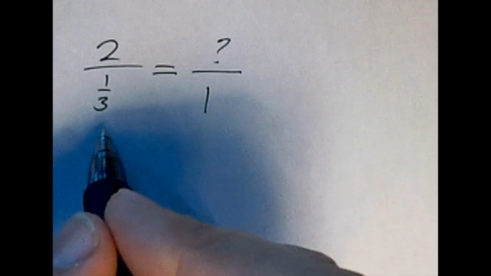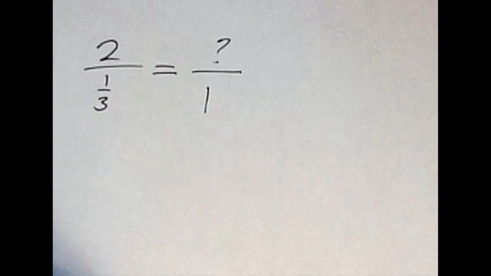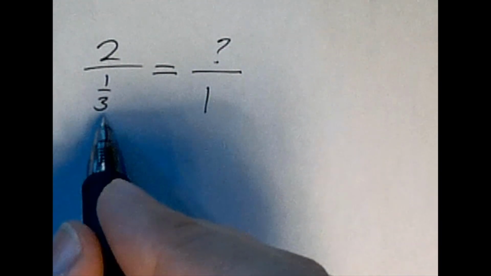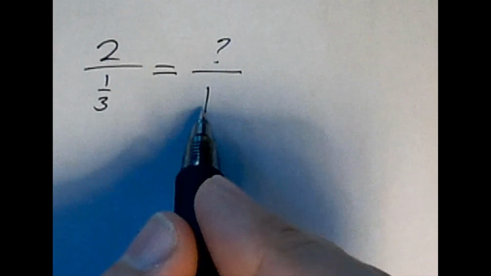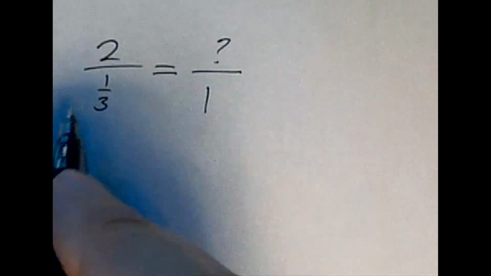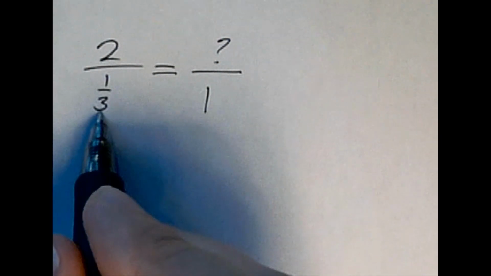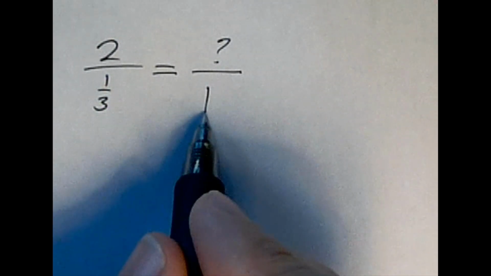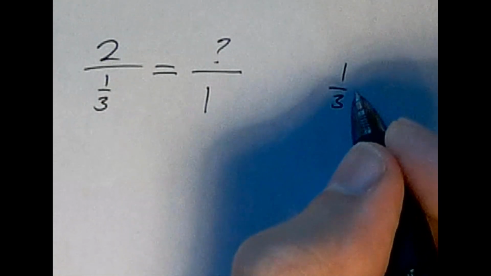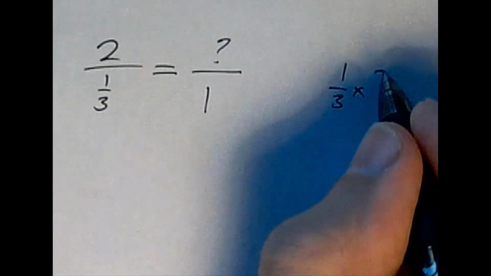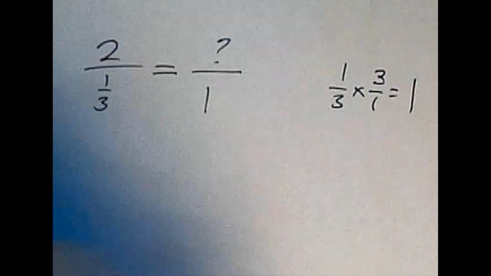And we can do that by finding equivalent ratios. And okay, we say 1/3 times what gets us to 1. So we're looking for common denominators. And 1/3 times 3 gives us 1, right? Because we know that a number times its reciprocal gives us 1. We know that.